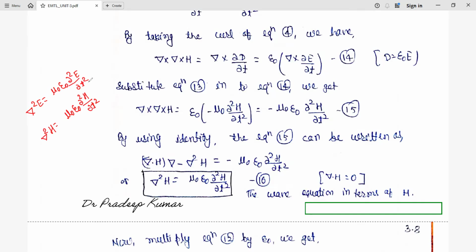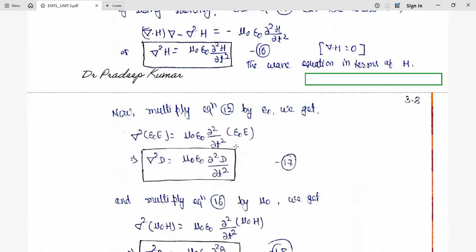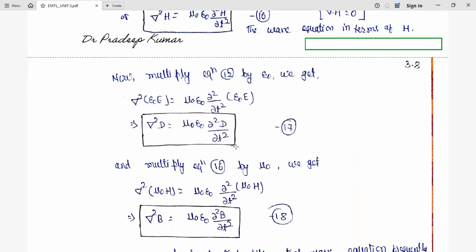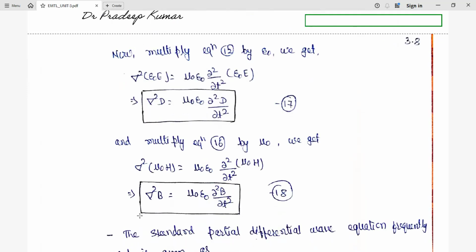These are the two different wave equations in terms of electric field and magnetic field in case of perfect dielectric, and this perfect dielectric is also considered the condition of free space. Now we are writing the wave equation in terms of the corresponding flux density. Here is the same wave equation as earlier. What is the wave equation?